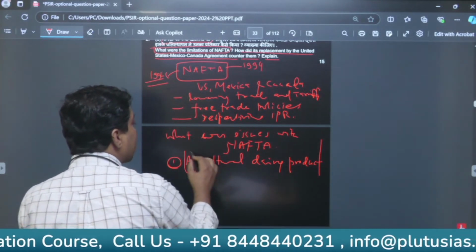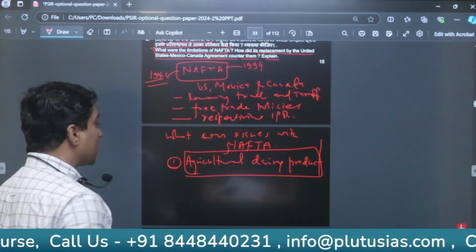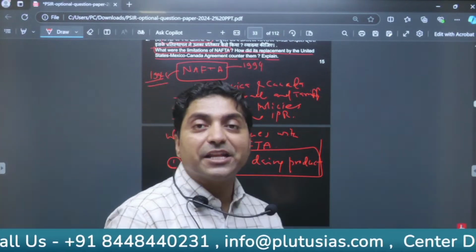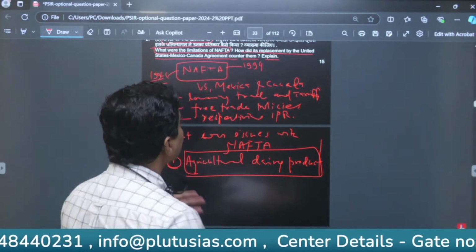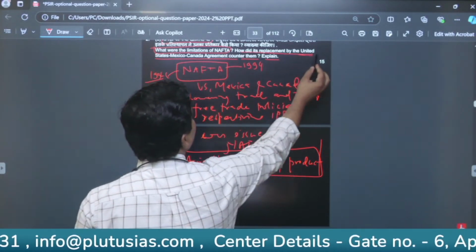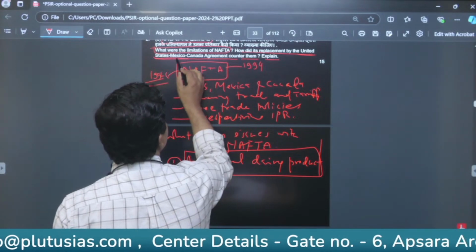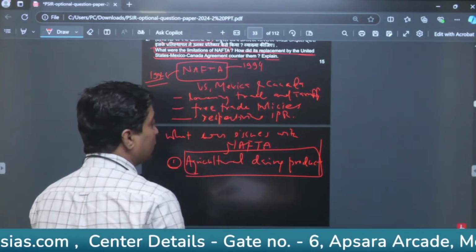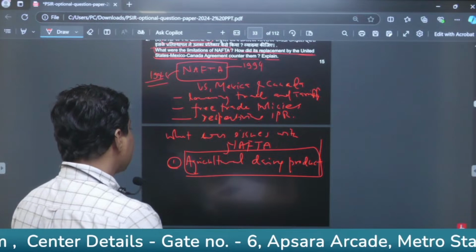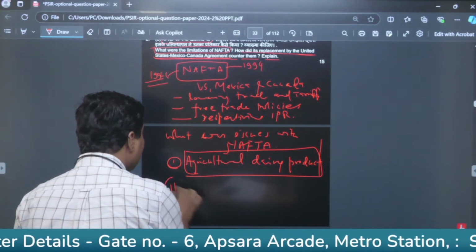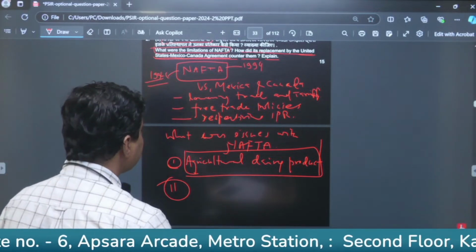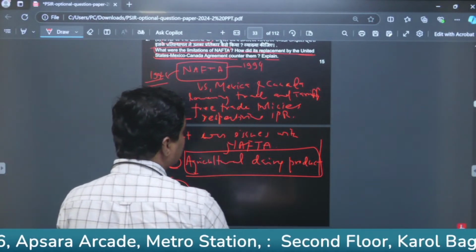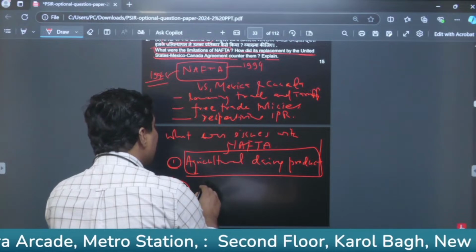The US had no access to Canada's agricultural dairy products, which was solved by the US-Mexico-Canada Agreement in 2018. Second, there was no termination clause.